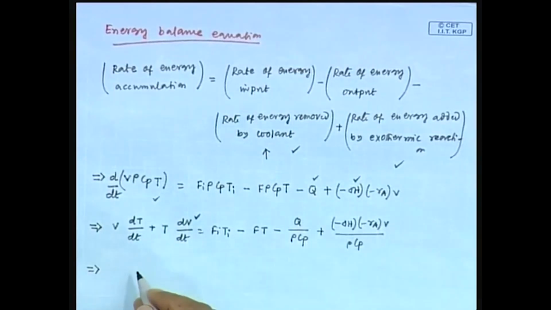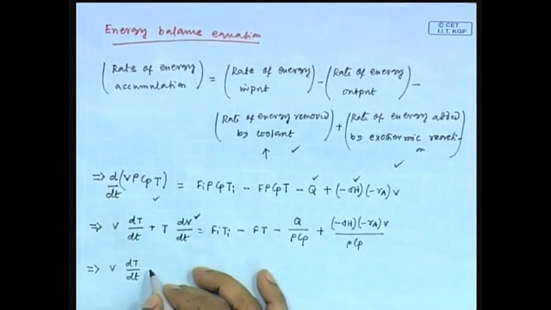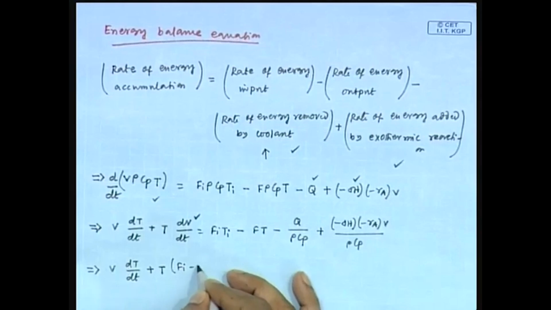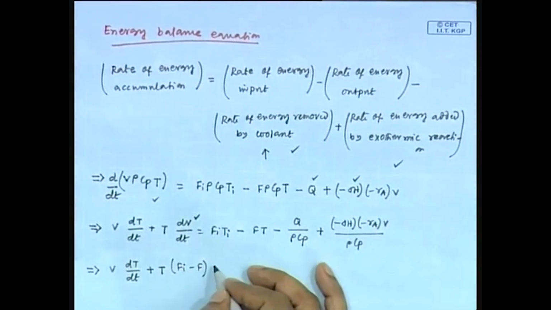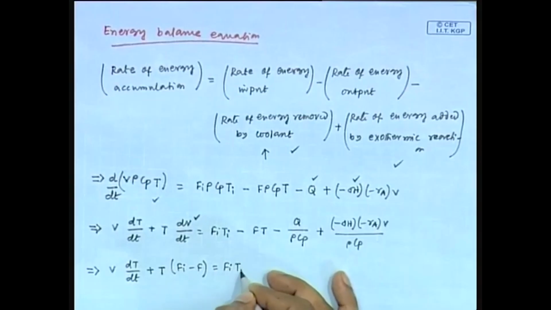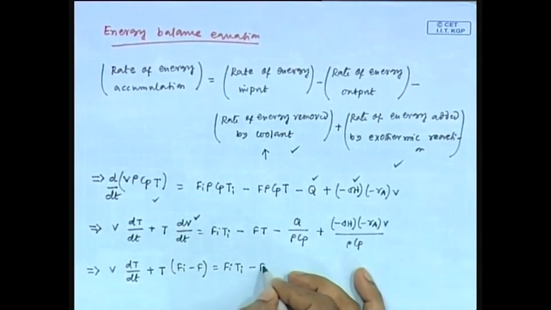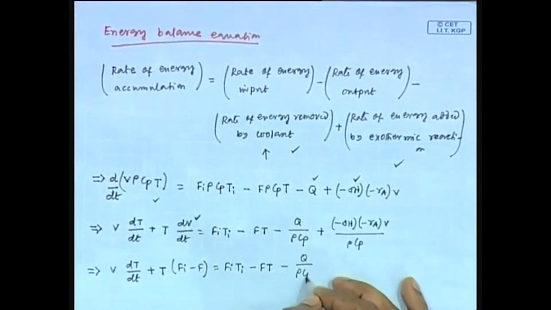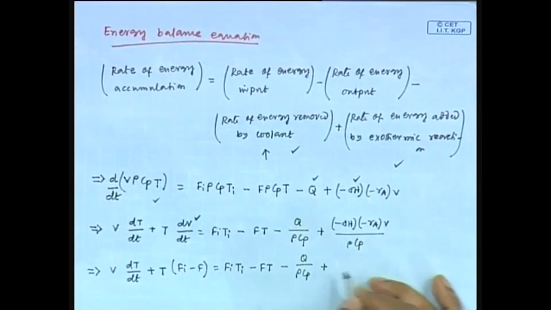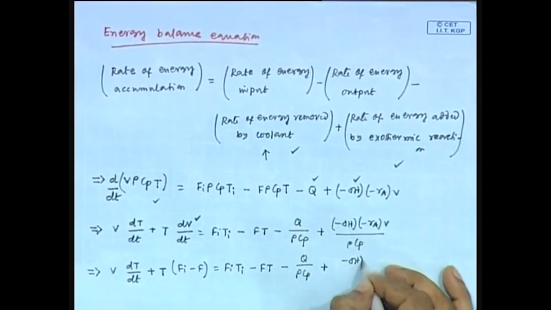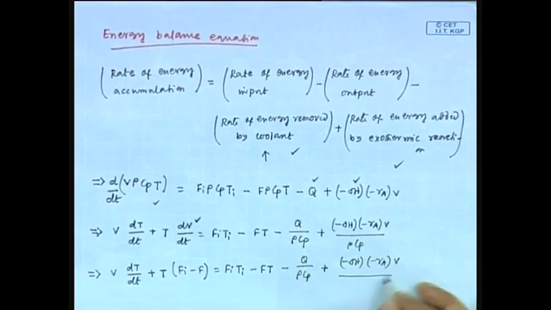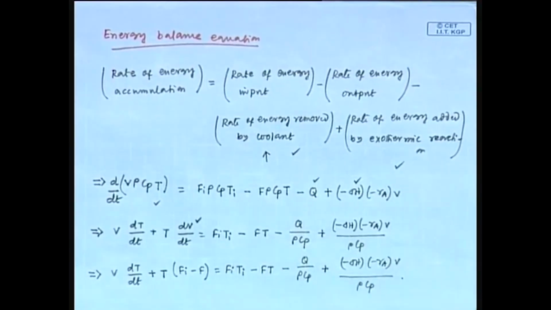If we substitute dV/dt, then we can write it this way: T multiplied by (Fi minus F) equals Fi Ti minus FT minus Q divided by rho Cp plus minus del H minus Ra into V divided by rho Cp.